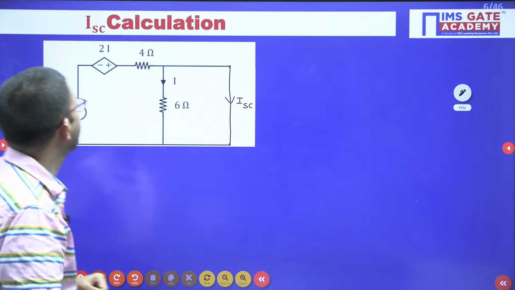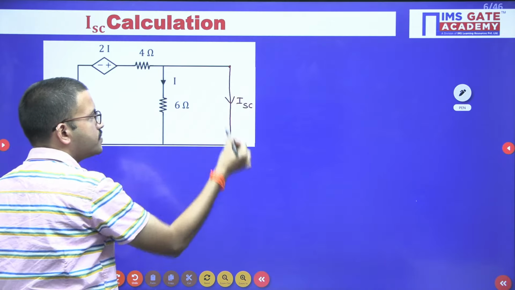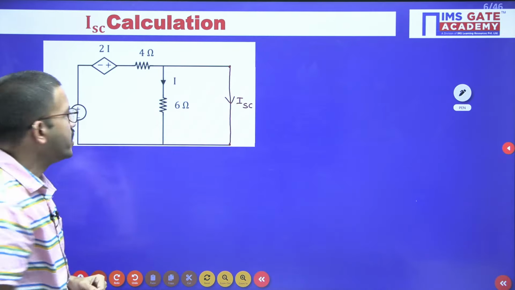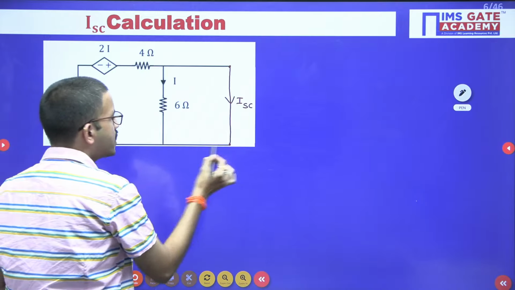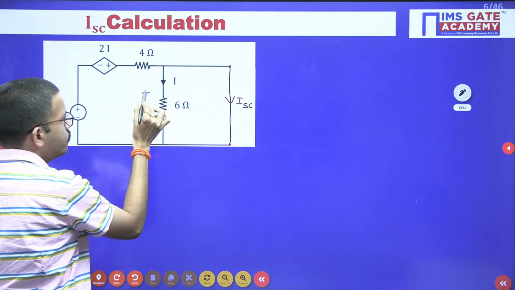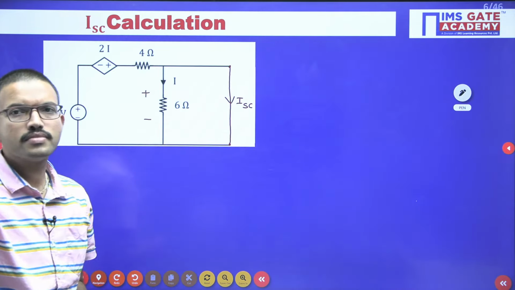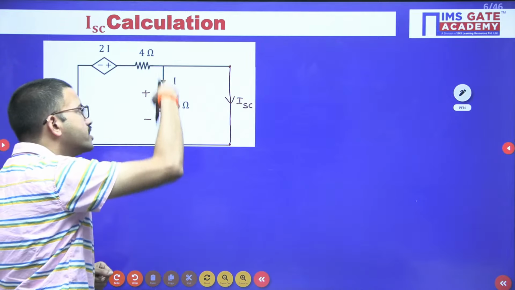Now let us calculate. So here these 2 points are shorted. See, the moment these 2 points are shorted, can you find how much voltage you are having across this 6 ohm resistor? And how much current is flowing in this particular branch?